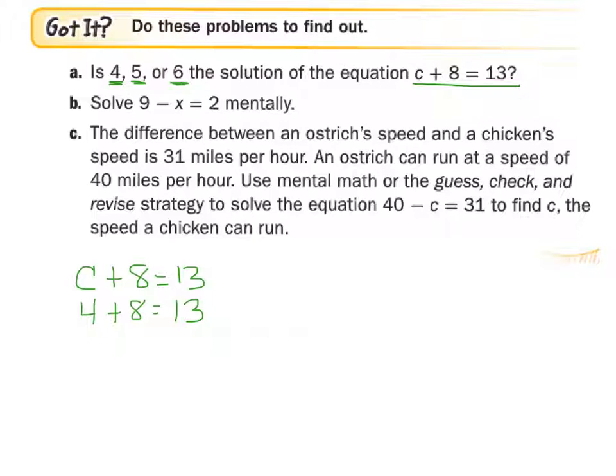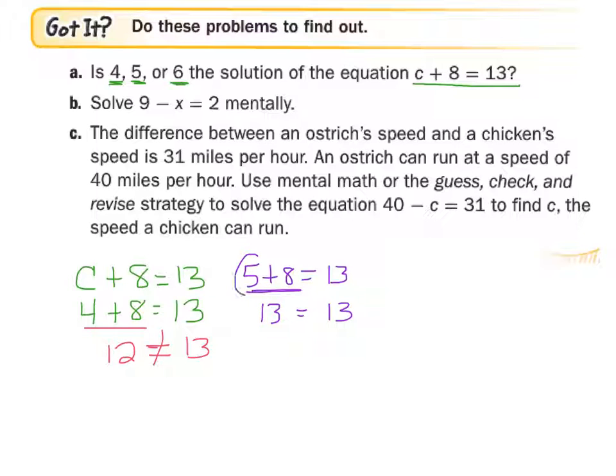It doesn't, because 4 plus 8 is 12, and 12 is not equal to 13. So let's try again with 5. 5 plus 8, does that equal 13? Well, 5 plus 8 is 13. So this is a true statement, and 5 is the solution.